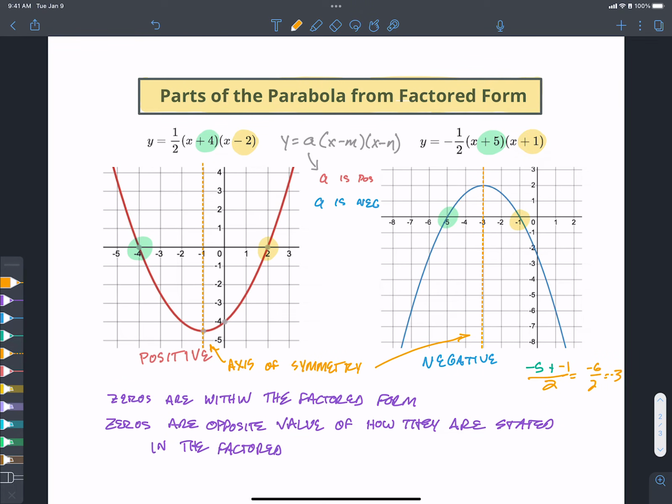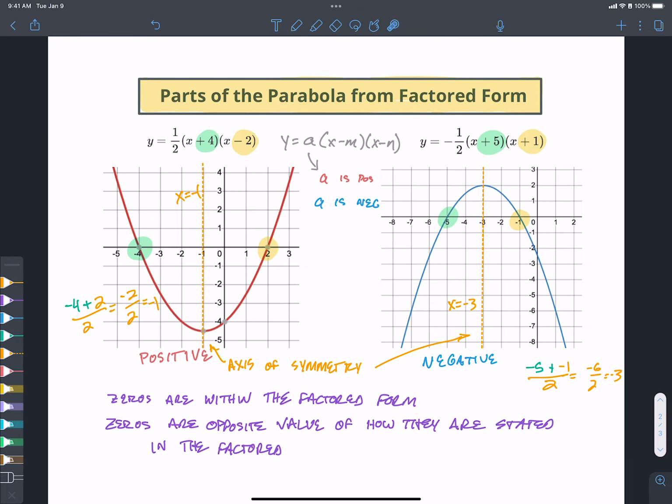And if I look here, I see my axis of symmetry is on the line x equals -3. Similarly, over here, if I take -4 plus 2, that's -2 divided by 2, which is -1. So our axis of symmetry is the line x equals -1.